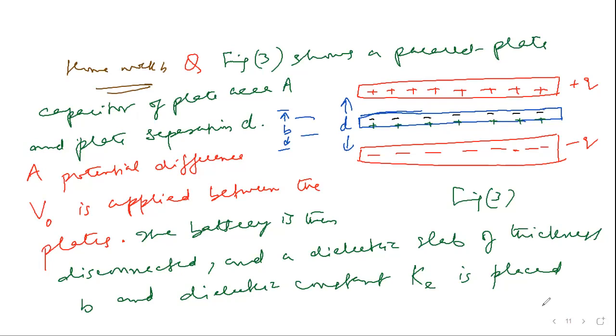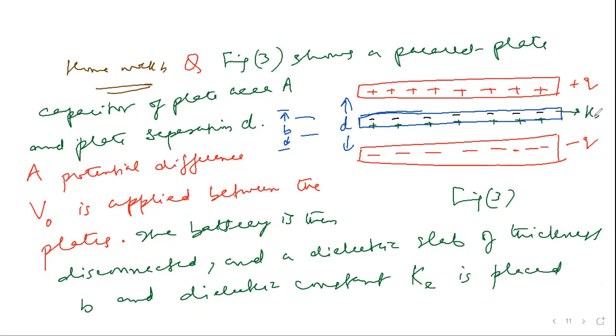The battery is then disconnected and a dielectric slab of thickness B and dielectric constant Ke or kappa E is placed between the plates as shown. This is a dielectric slab here.